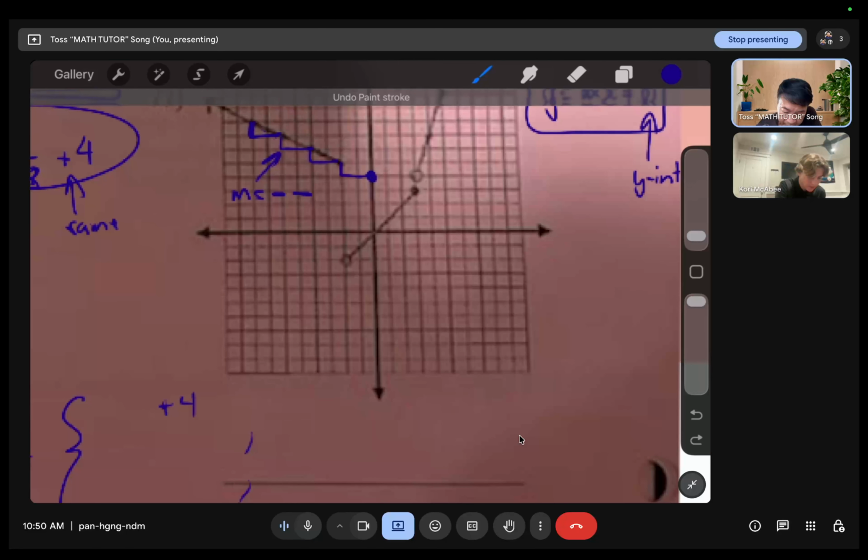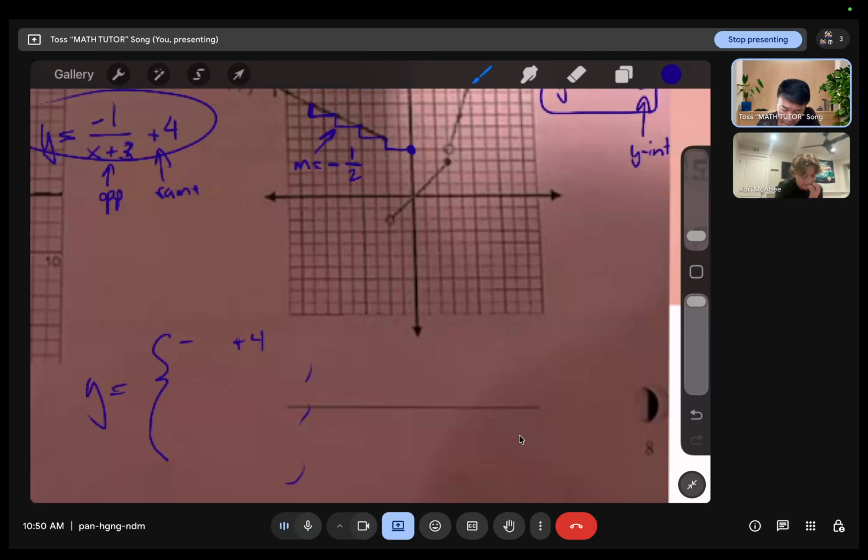So the restriction for this one will be x less than negative 2, including, because it looks to me like this is the open one and this better be the closed one. It's always like that for piecewise.